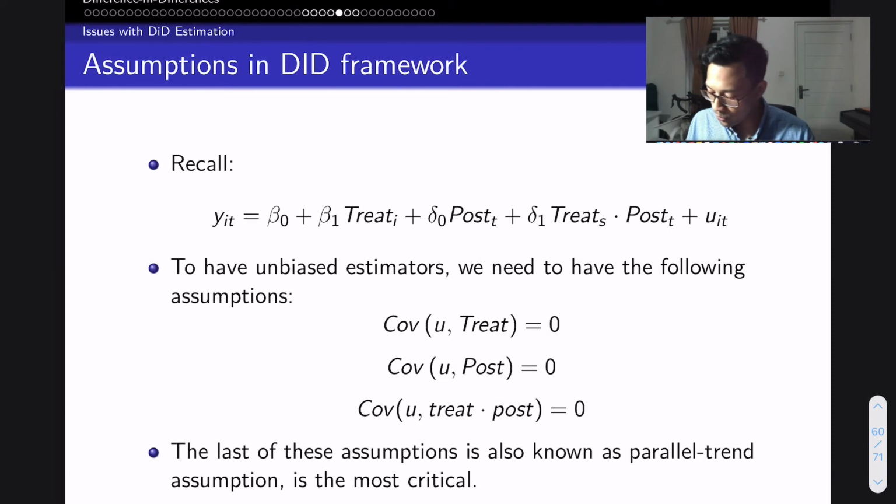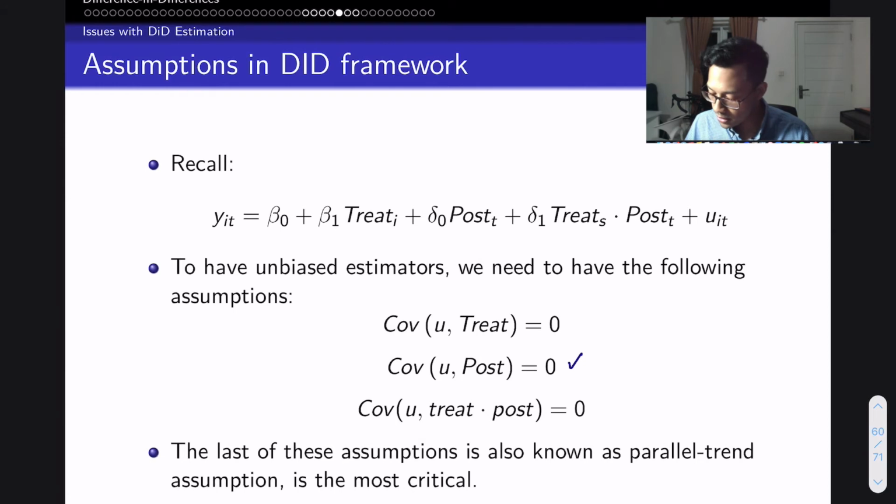Also, we assume there is no correlation between the unobservable variables and before and after. And we also assume there is no correlation between the factors that we do not observe and the way that it's actually trending.